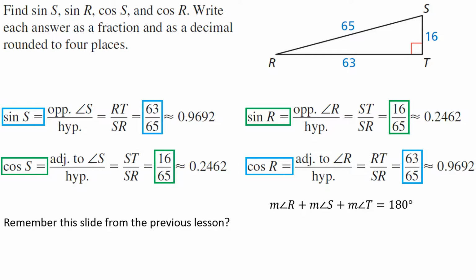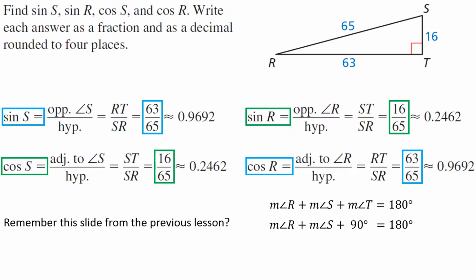Now, of course, for any triangle, we know the three angles have to add up to 180 degrees. We also know that angle T is a right angle, so it has to measure 90 degrees.